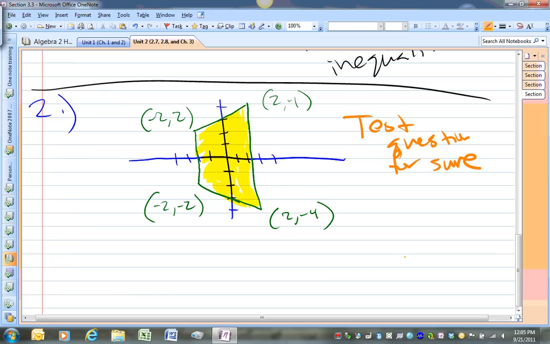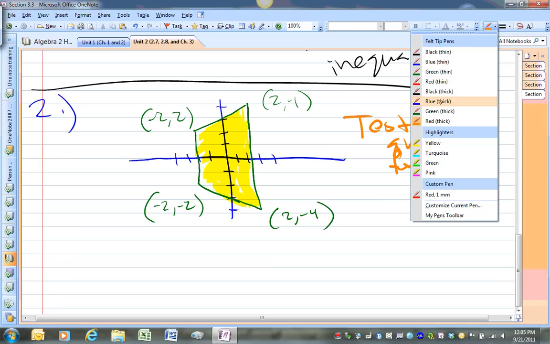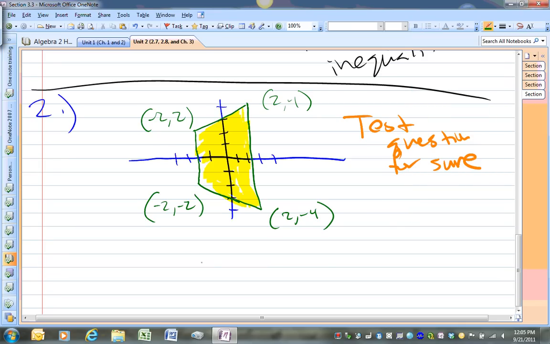So what you want to do is write a system of linear inequalities. Here's how I do it. I'll label the lines: line 1, line 2, line 3, and line 4. Clearly line 1's vertical, so we'll just say x, and it's crossing negative 2, and it's solid.